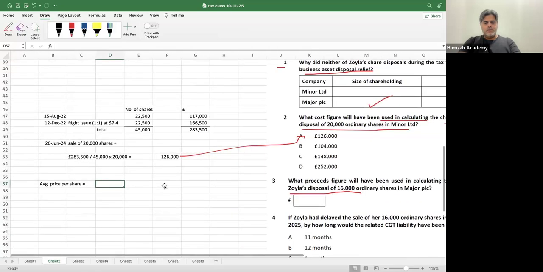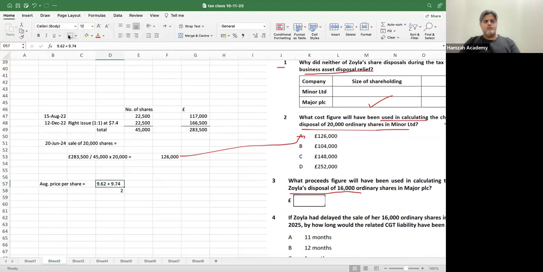So that's going to be 9.62 plus 9.74 divided by 2, right? So the average price is going to be 9.68 over here, right?